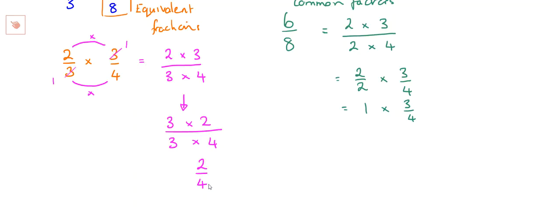However, you might now say to me, oh, but there's another cancellation I could do before I do it. What about the 2 and the 4? Can I do anything there? Yes, you could divide them by 2. So the 2 and the 4 will go down to 1 and 2.